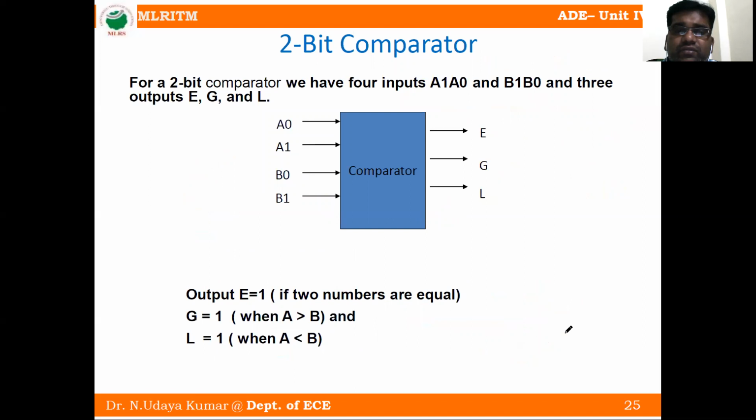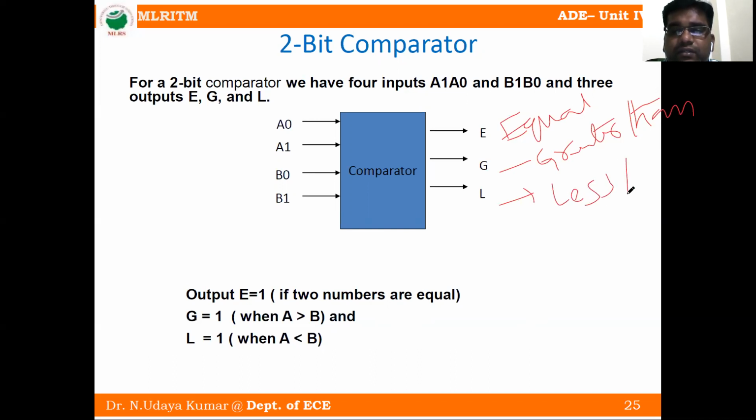Now we'll see the 2-bit comparator. For a 2-bit comparator, we have 4 inputs, that is A1, A0 and B1, B0, and 3 outputs. 3 outputs means this is equal, this is greater than, and this one is less than.